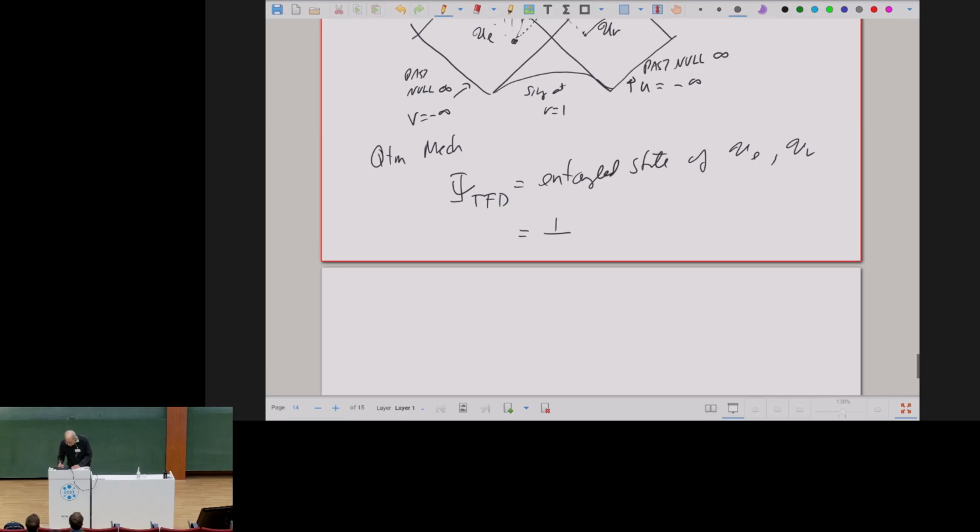So it's just 1 over the square root of Z times the sum over energy eigenstates, where I is the ith eigenstate of the operator H right or H left. In the thermofield double state, you consider pairs of states right and left that have the same energy, so it doesn't matter whether we consider here H left or H right. The thermofield double state is this highly entangled state between the two observers on the left and right. So in quantum mechanics, they share this highly entangled state.